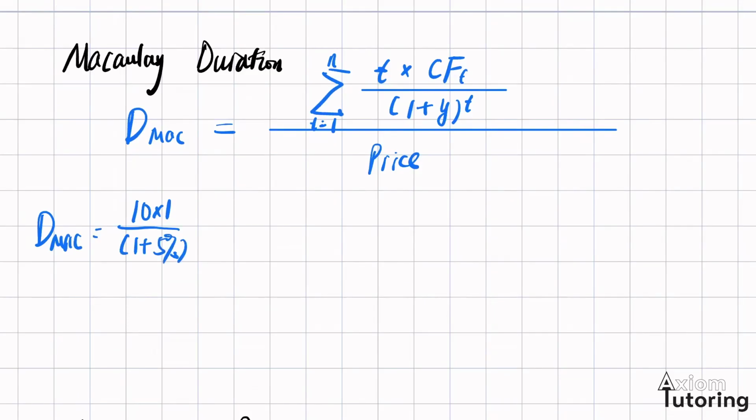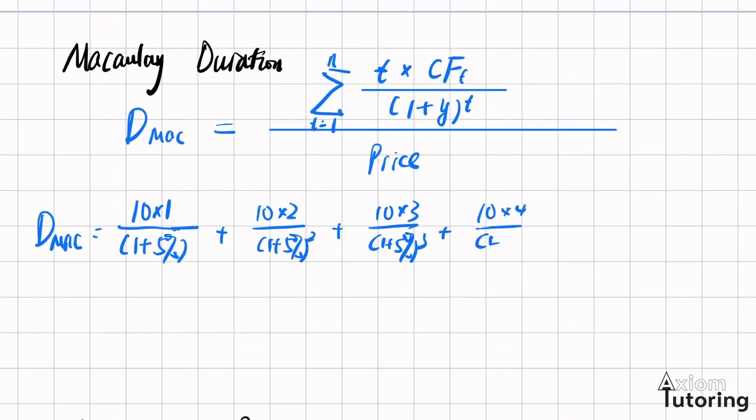So the original yield is 5%, plus 10 times 2 over 1 plus 5% to the power of 2, and then 10 times 3 over 1 plus 5% to the power of 3, and then 10 times 4 over 1 plus 5% to the power of 4, and the last payment, which is 1010 times 5, divided by 1 plus 5% to the power of 5.